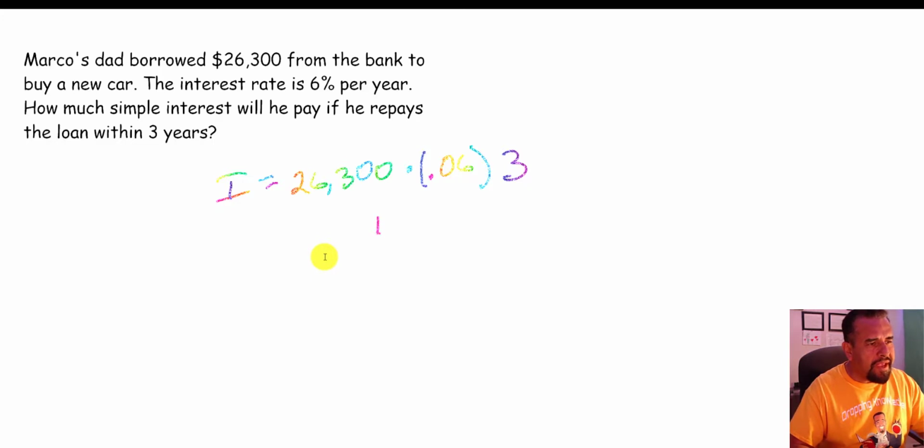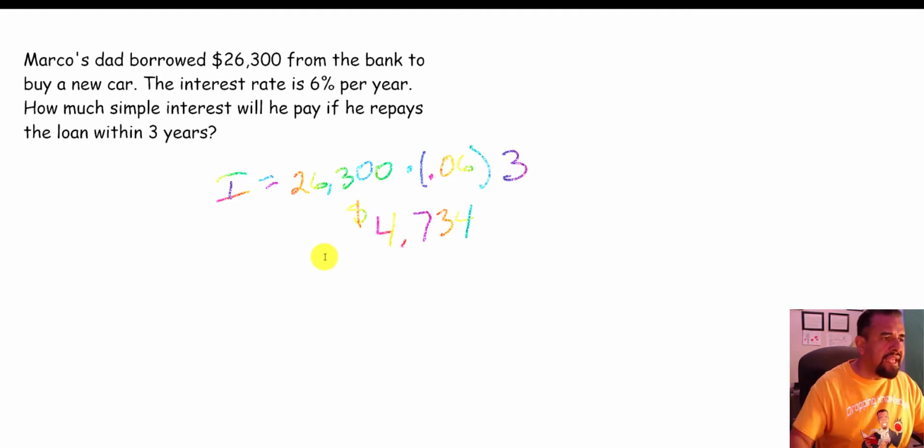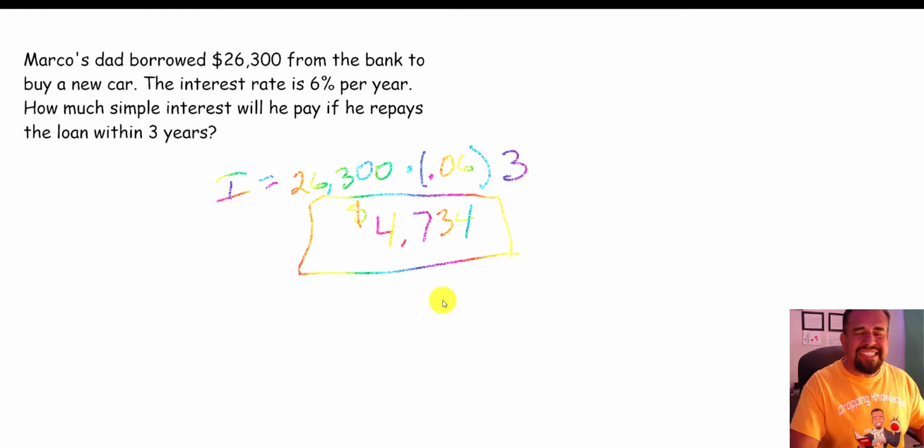$4,734. Now pay attention here. Okay. Because the question here, it says, if he repays the loan within 3 years, right? How much simple interest will he pay? Well, he's going to pay $4,734. That's not the total amount he's going to pay.